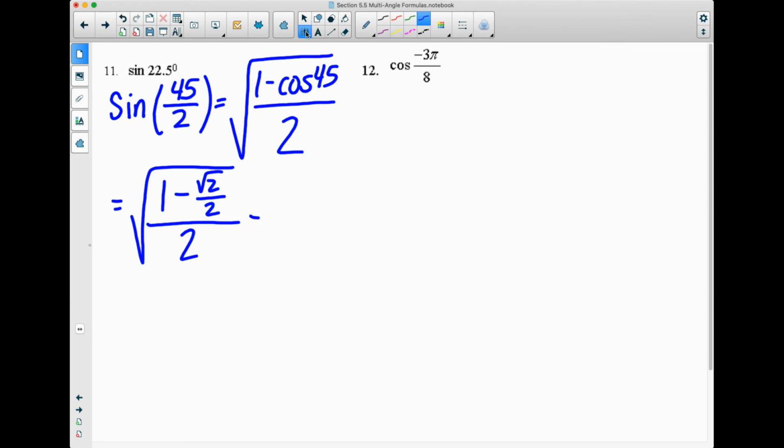I'm gonna change my 1 to 2/2. Multiplied by the reciprocal.